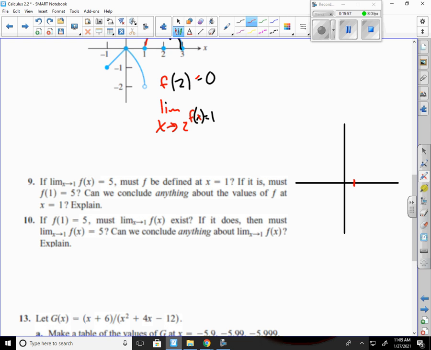So let's say we're out here at x equals 1, and this is 5. I can draw a line and have an open circle on that line, and then have the line keep going.